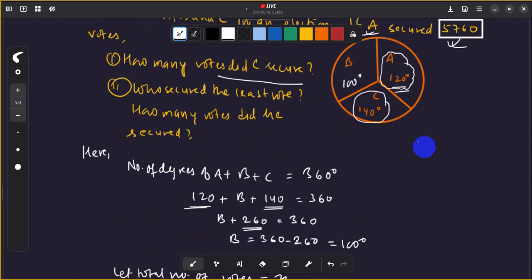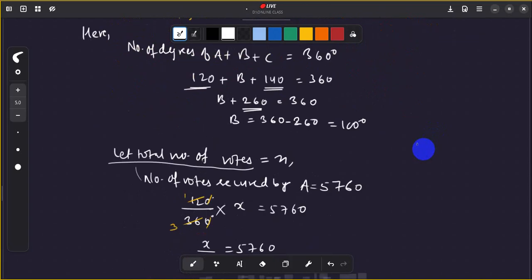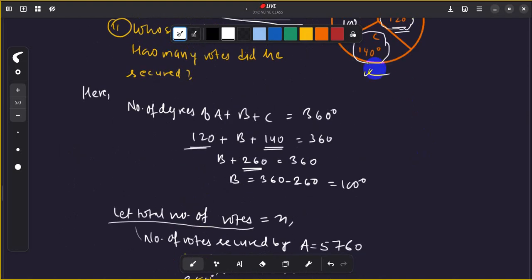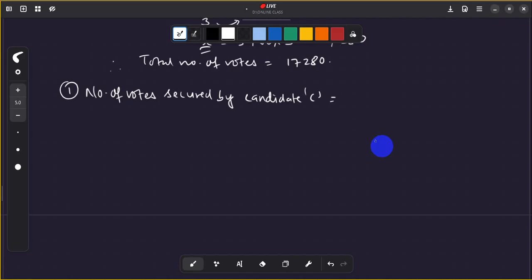Now we need to convert this 140 into a number. The number of boards secured by candidate C equals 140 degrees divided by 360 times the total number of boards. Okay, let's find it.